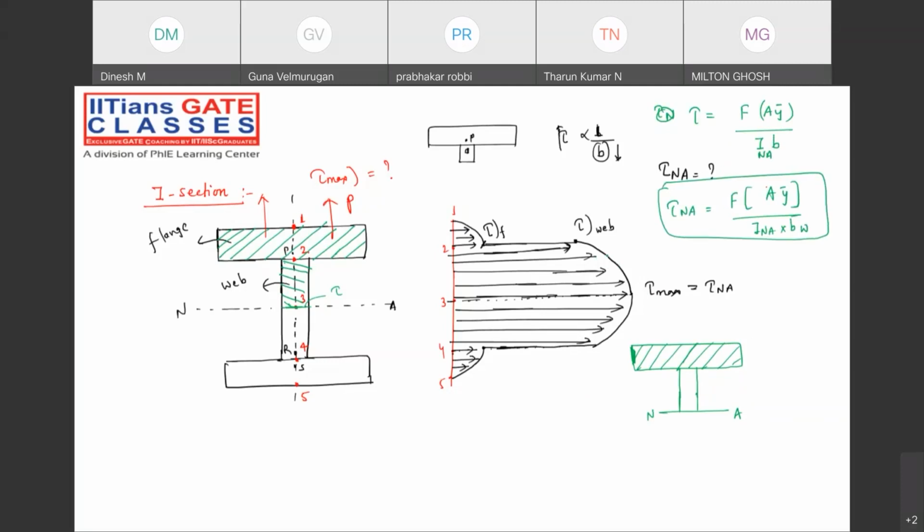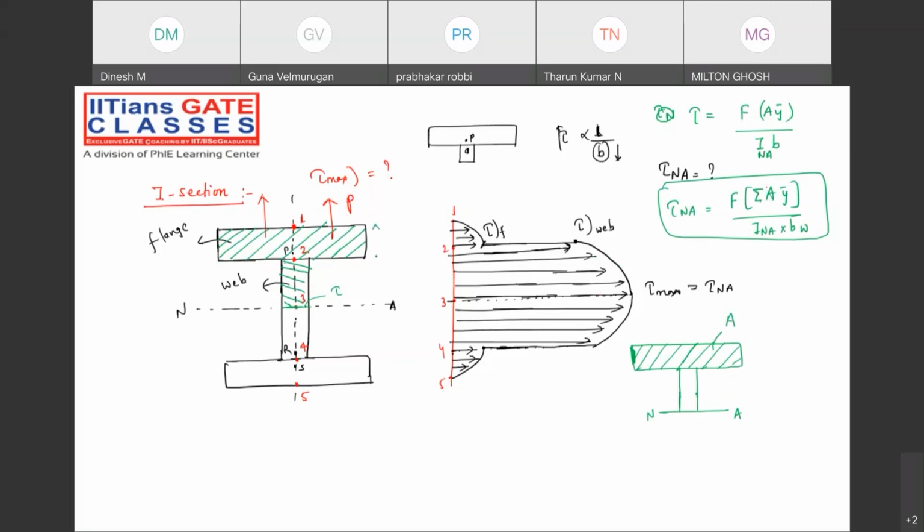But here, my dear friend, there are two areas. So here A Y bar will be the summation, simply. That means the summation of flange area into Y bar, and the summation of web area into the height from that centroidal axis. So first of all, I will calculate A Y bar of the flange section. What will be the area?